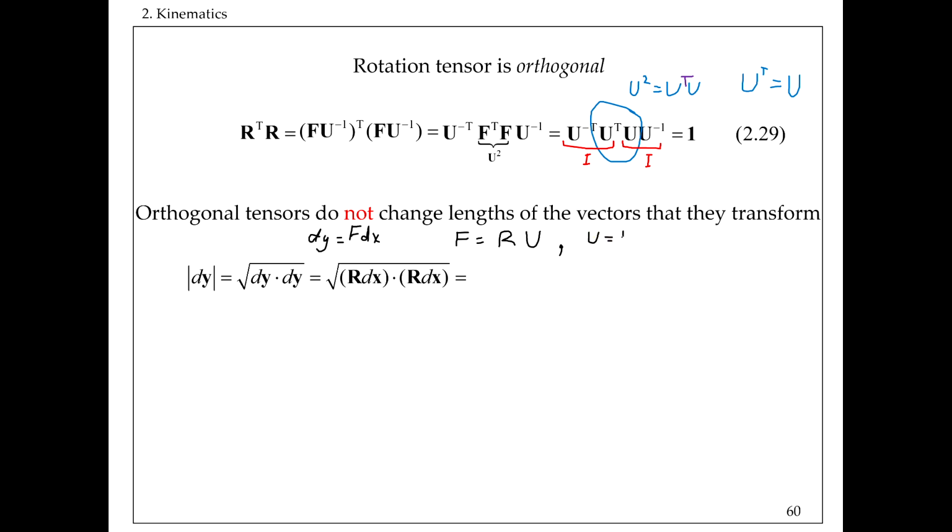There is no stretching going on, and then if we put it here, that would mean that F is equal to R. Only rotation is present at that point, and therefore I write that dy is equal to R U, but it will be equal to just R because we said U is identity.